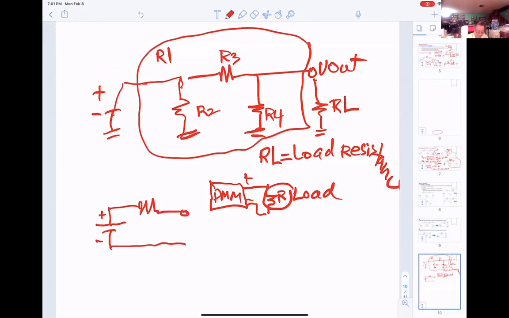Okay? And this source here they call V Thevenin, and the resistor will be R Thevenin. So now, if you want to measure the load, you just connect here. That will be a load.